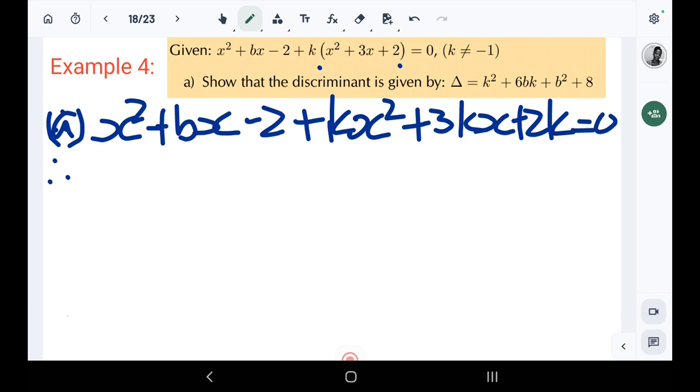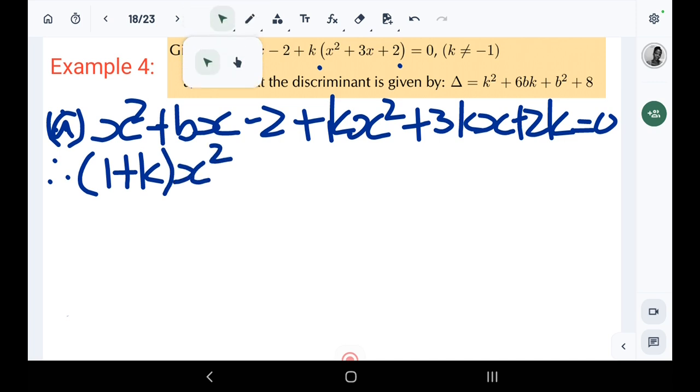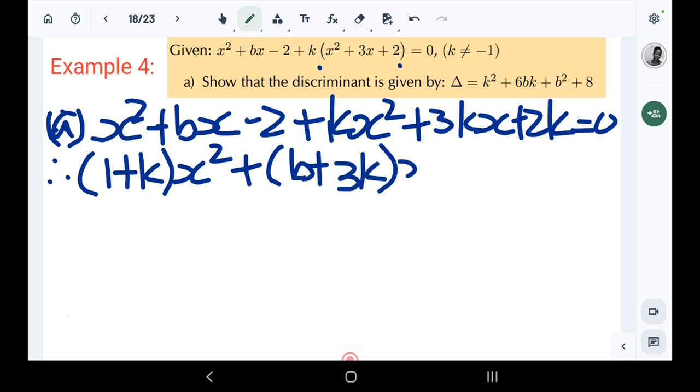Now put all x squared together. So we've got x squared and kx squared. So that is 1 plus k, x squared. X's, that's bx and 3kx. So that is b plus 3k, all have x.